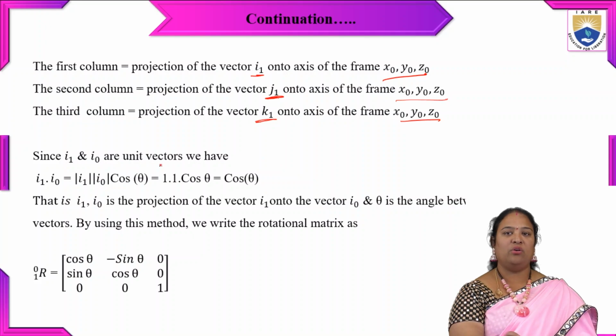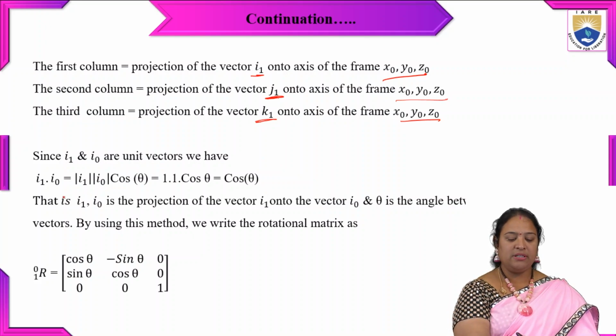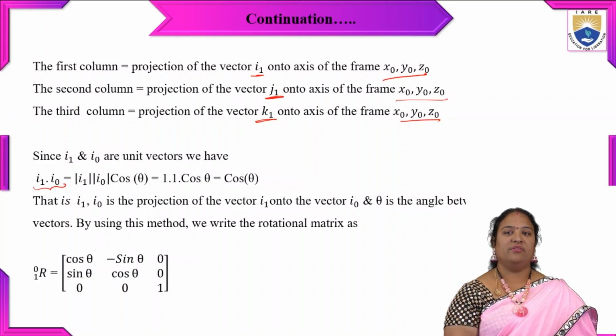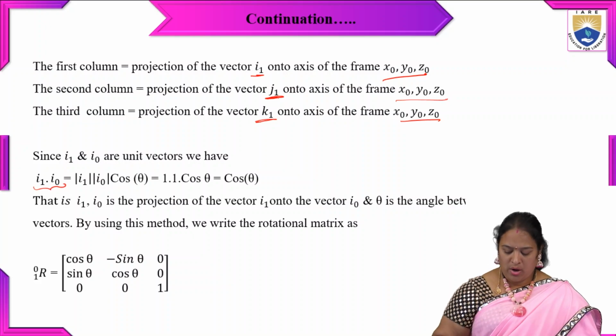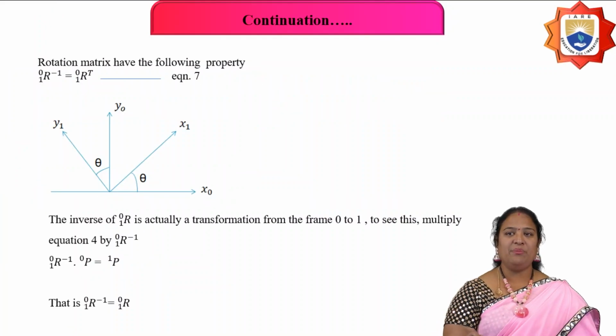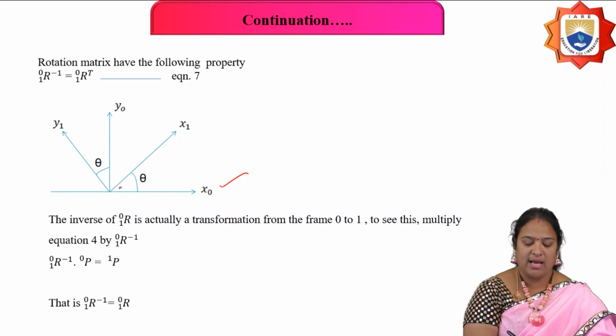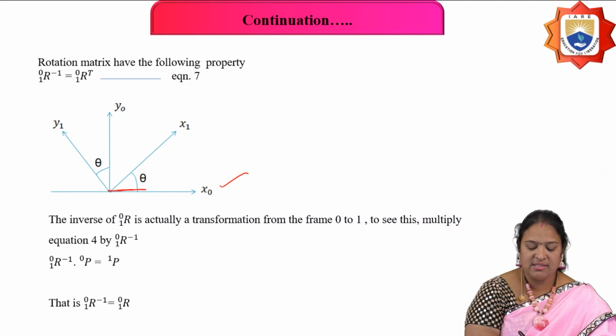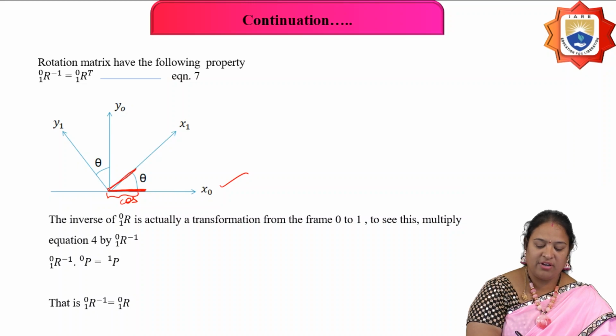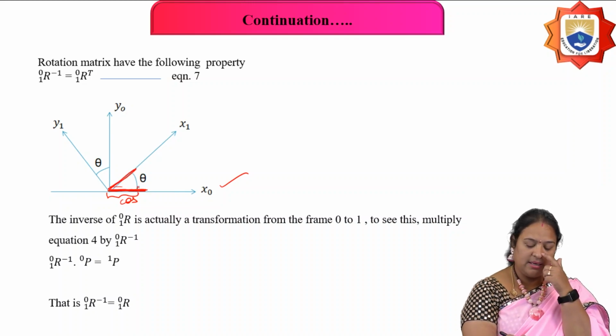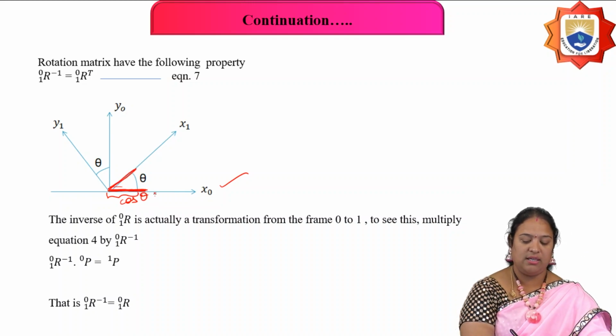when we are calculating with these unit vectors I0 and I1 according to the graph given, what are we getting? That can be represented by this particular figure. When we are considering this particular plane, it is nothing but cos theta.